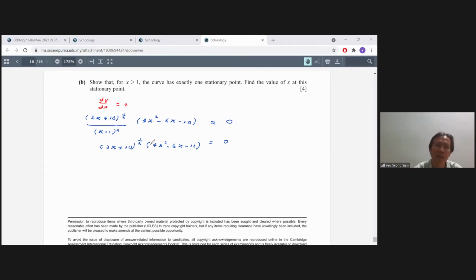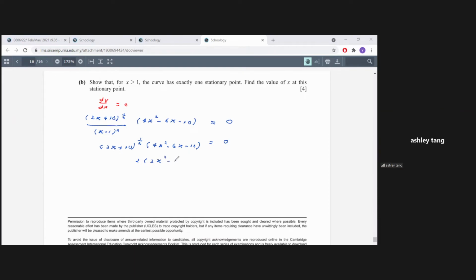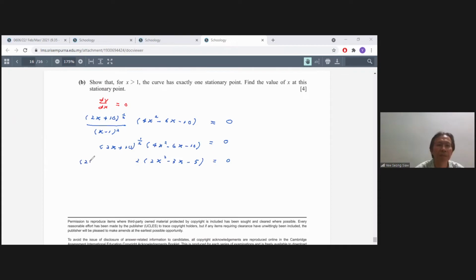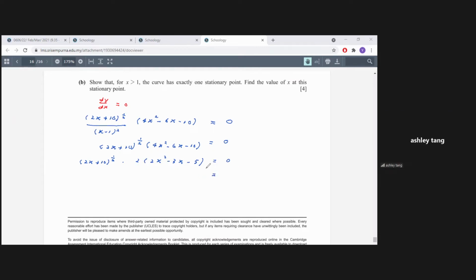The power here don't do anything because it's a square root. This one, because all can divide by 2, you divide by 2: 2x squared minus 3x minus 5. The 2 can bring over the other side, so becomes 0.